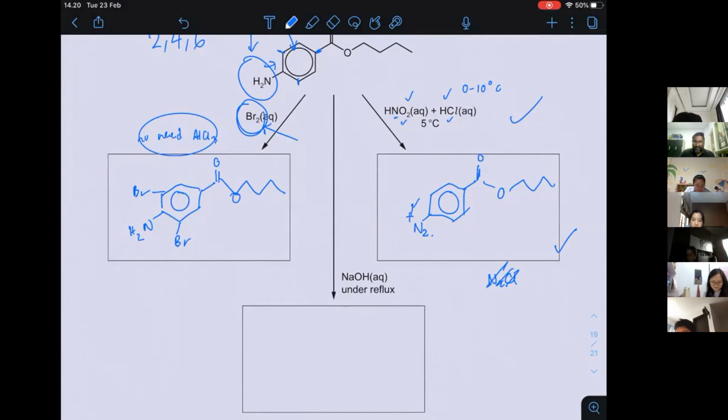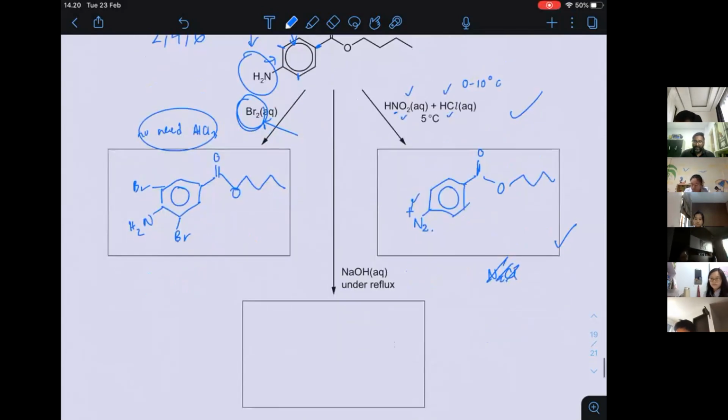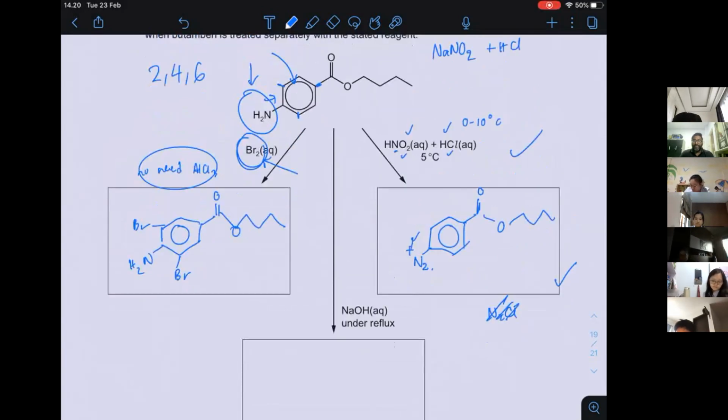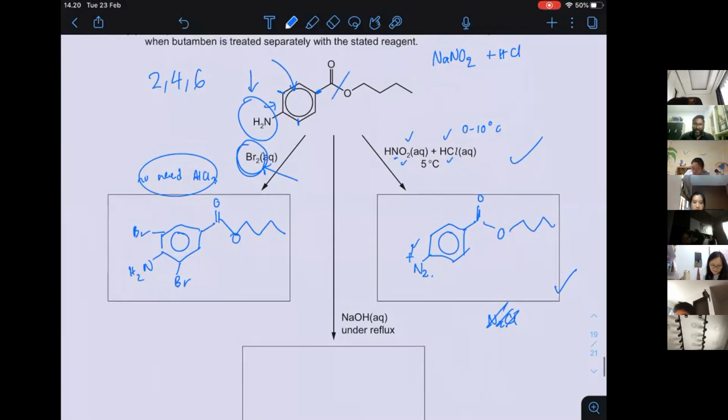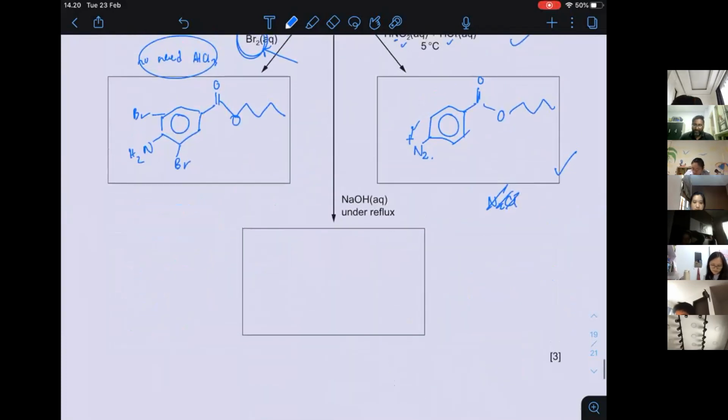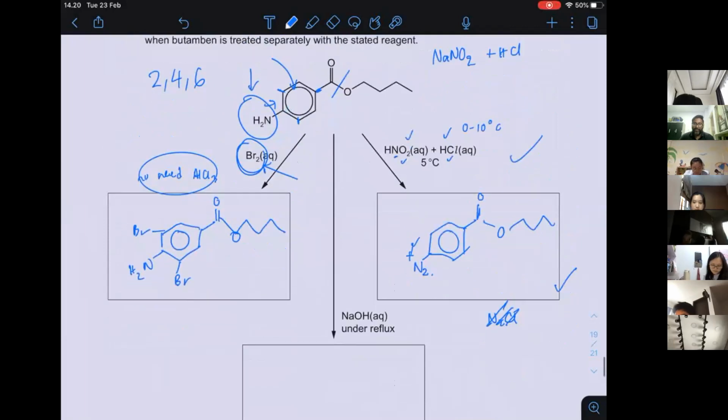The next is going to be NaOH under reflux. So sodium hydroxide under reflux. Basically, we are trying to break the ester. So this bond will be broken. When you do that, you are going to have two products.